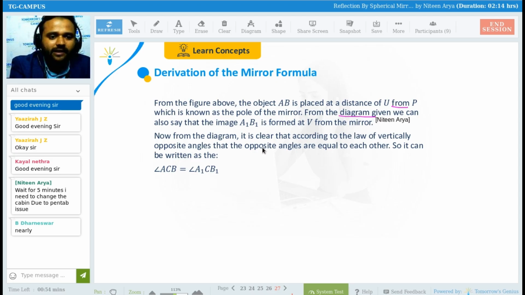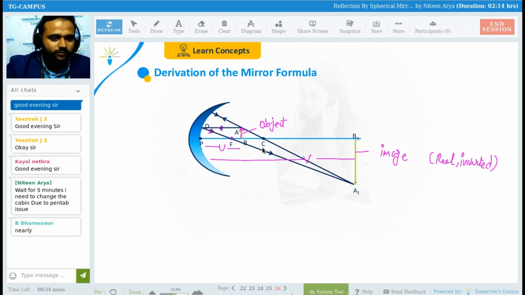From the diagram given, we can also say that the image A1B1 is formed at v from the mirror. Now from the diagram, it is clear that according to the law of vertically opposite angles, the opposite angles are equal to each other. So it can be written as angle ACB equals angle A1CB1.